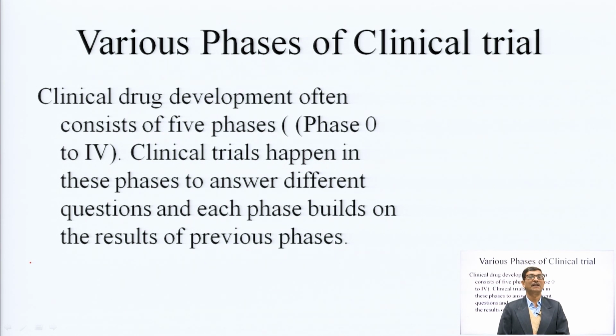Clinical trials happen in these phases to answer different questions, and each phase builds on the results of previous phases. So, in clinical trials for drug development, we have 5 phases, numbered 0 to 4.